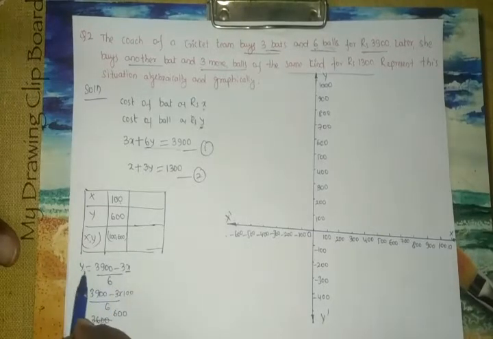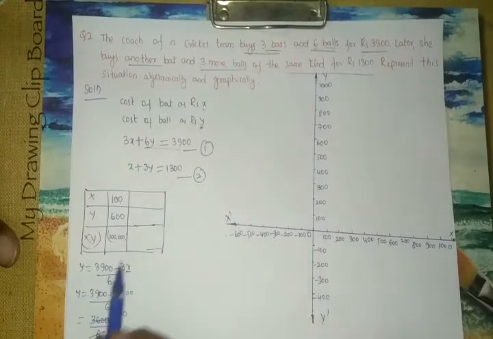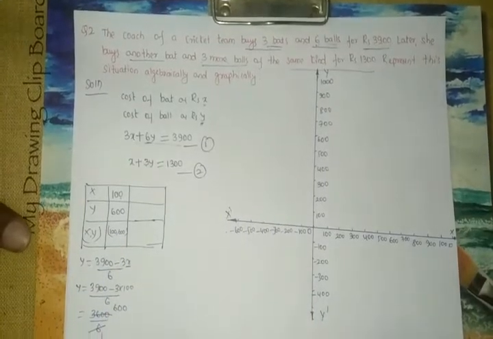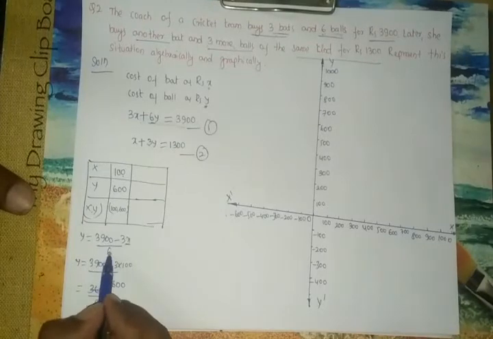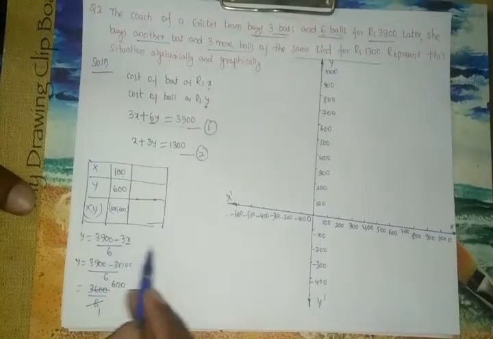If I want exact values, I should put the value of x in such a way that it is divisible by 6.